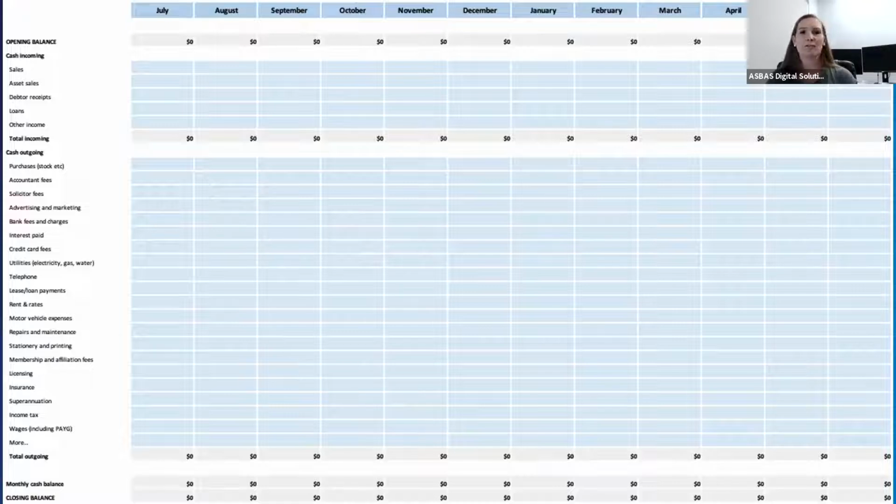Don't forget to account for GST. Of course, if you're not including GST in your incoming cash at the top in your sales, then obviously you don't need to include it at the bottom. So just keep it GST exclusive. Otherwise, you might like to include it because your sales could come in monthly, but you're only paying GST quarterly, for example.